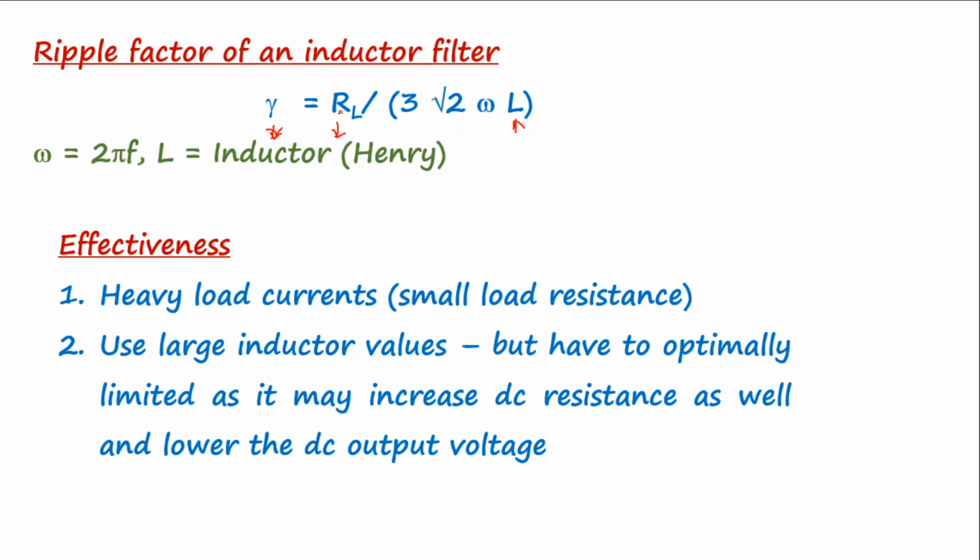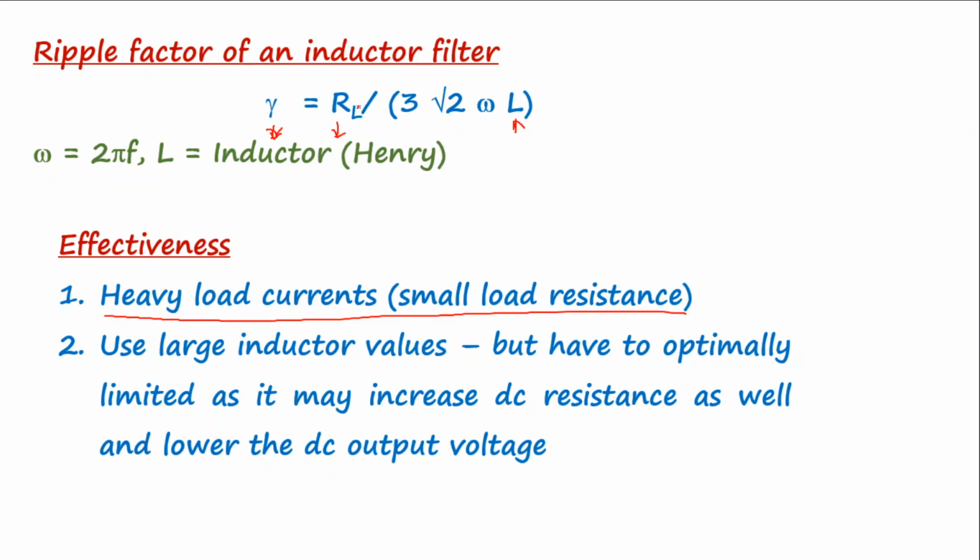So the ripple factor will be low when the load resistance is low, or when the load current is high. First, I'm discussing effectiveness: the inductor filter is more effective for heavy load currents or small load resistance.